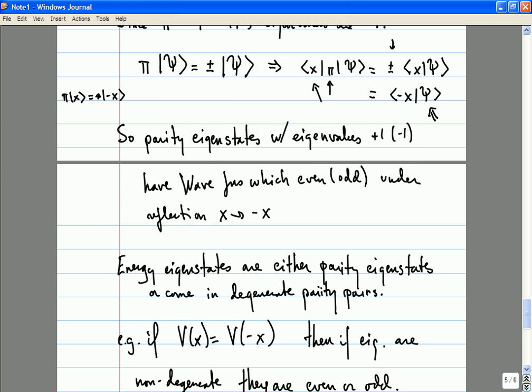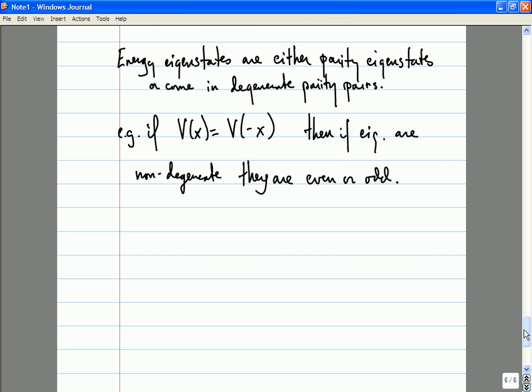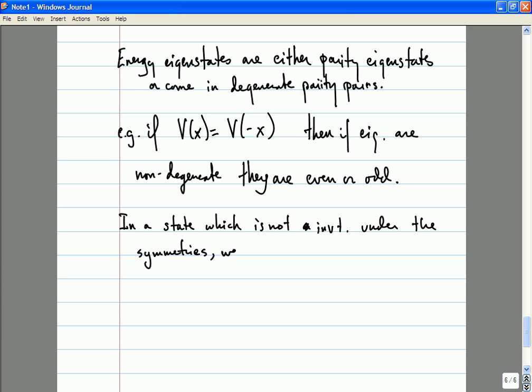So let me introduce a little bit of terminology. This terminology is not special to parity, but is a general terminology that we use whenever we have a symmetry. If the system is in a state which is not invariant under all the symmetries of a system, we say that the symmetry is broken.